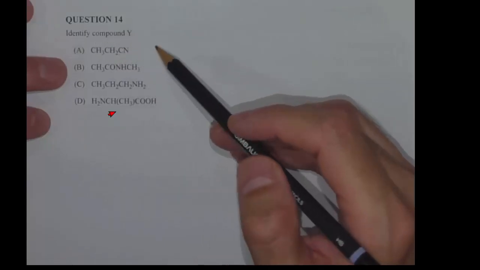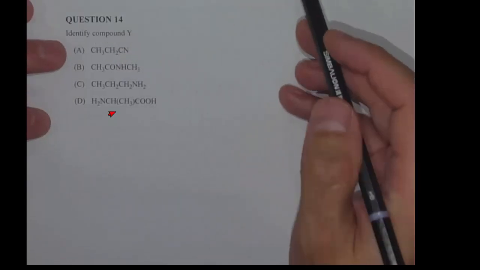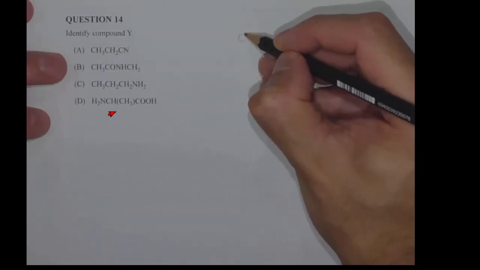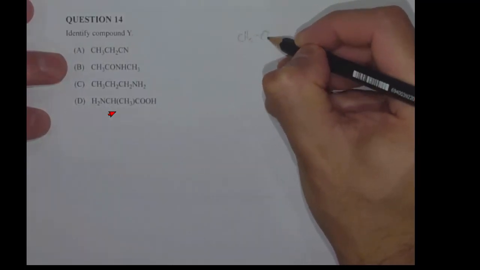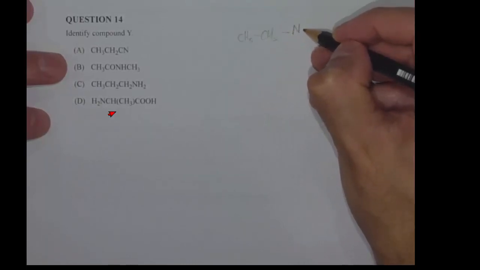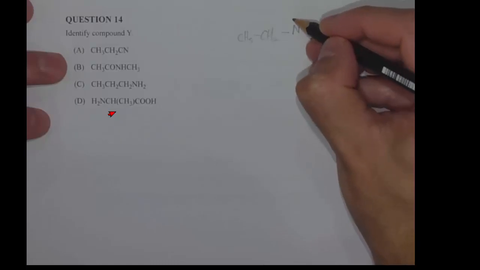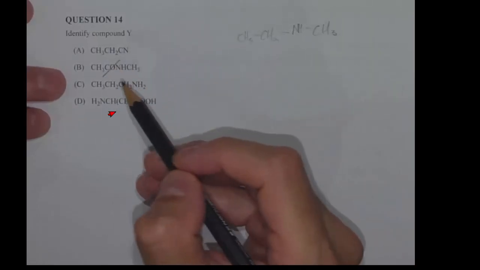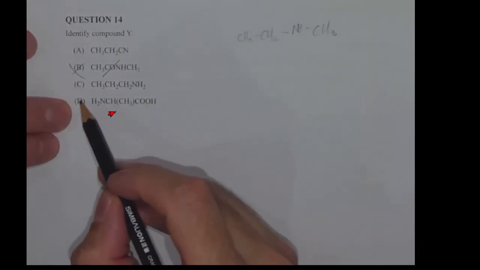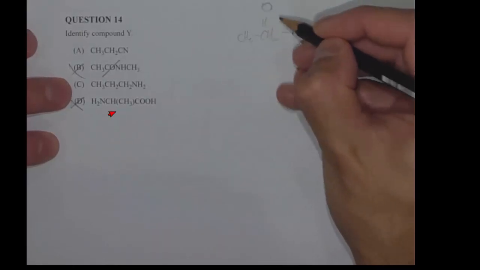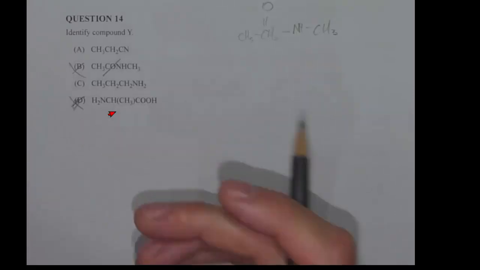Okay, identify compound Y. Amide. Oh dear. It's just easier to draw this out. What do we got? Nitrogen with an H to CH3. Can't have an O in there. Can't have O's in there, I don't think. Oh yes we can. Oops. What am I doing?